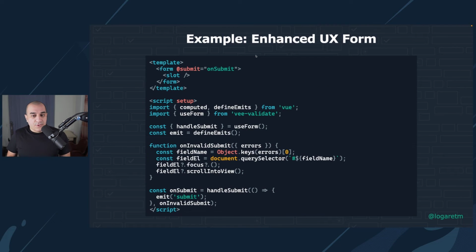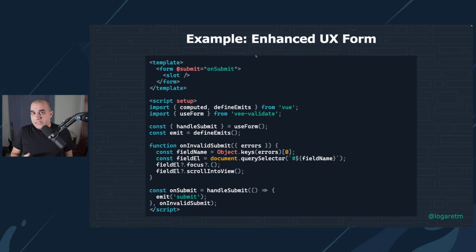The next example we have is a basic form that we want to enhance the UX aspect of. What I want to have here is a form that automatically detects whenever an invalid submission has been made and scrolls the user to the field that failed and focuses it for them.